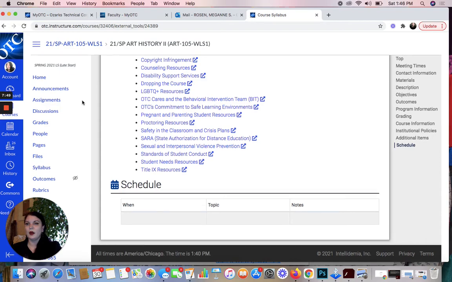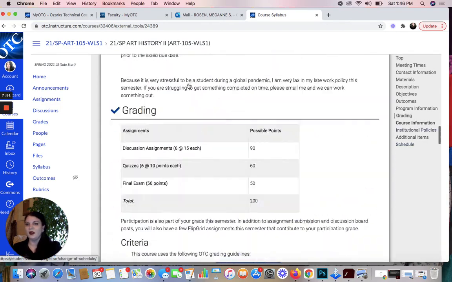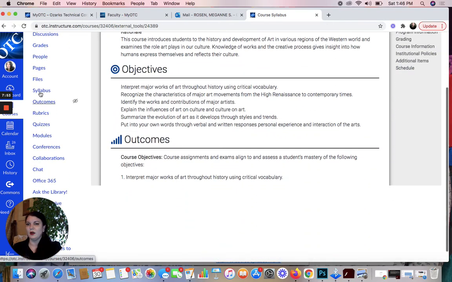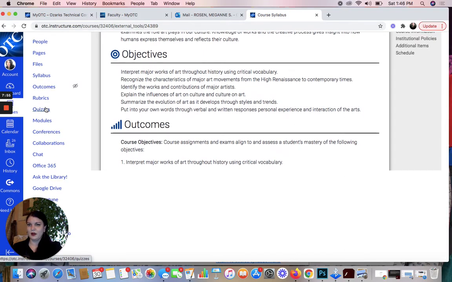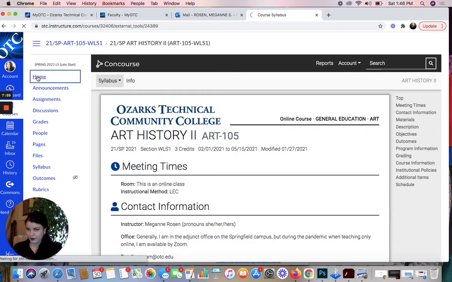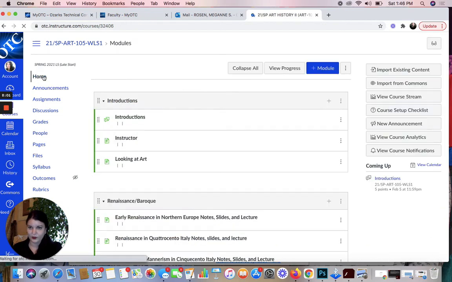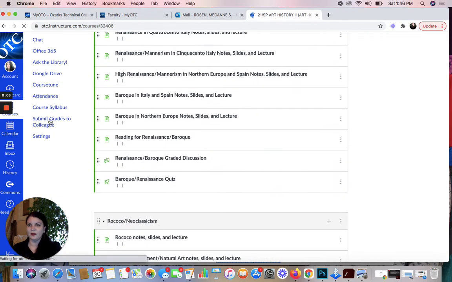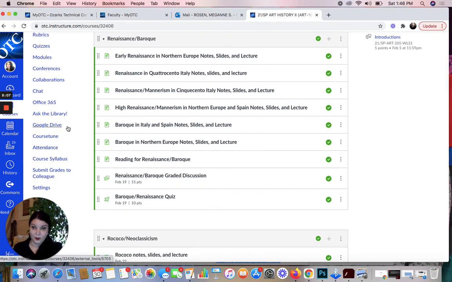Okay, so that is the syllabus, and that is down toward the bottom under course syllabus. So it's just a different button than it used to be. I don't know why the old button still exists, but course syllabus is how you get to that. And I'll put just a PDF of it in the syllabus slot as well, so you'll be able to find it.